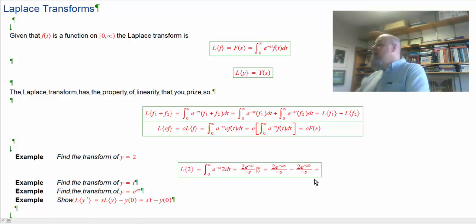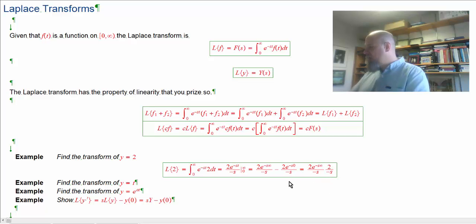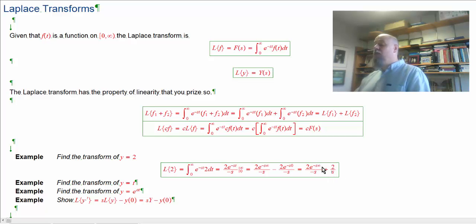All right, simplify this. E to the 0 is 1, so this whole piece disappears. That minus sign and that minus sign are going to cancel, so that's a plus, and I get 2 over s. What's this e to the minus s times infinity?